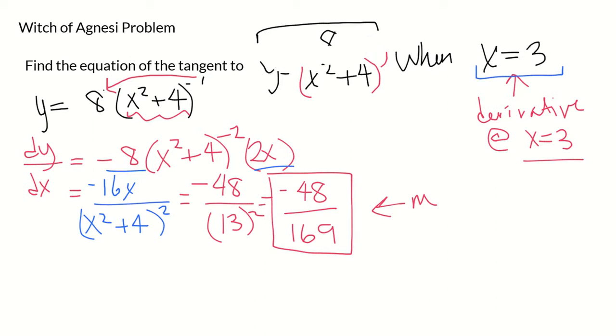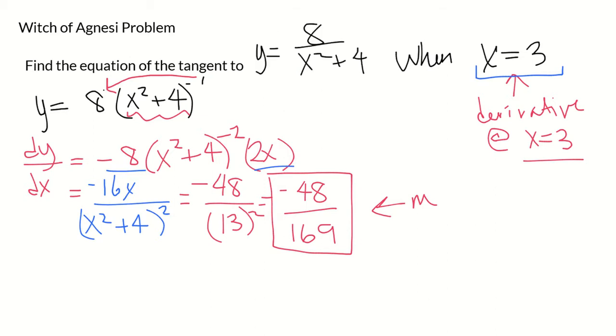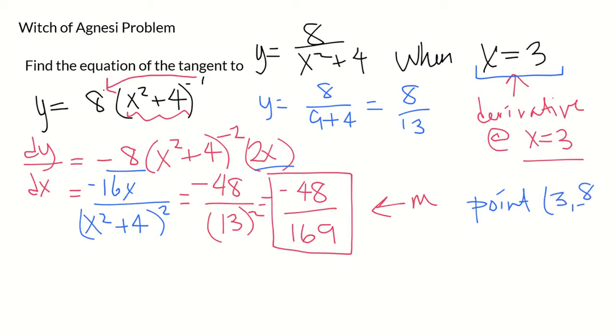So that would be y equals 8 over 3 squared, so 9 plus 4, so 8 over 13. So our point on our line is going to be x comma y, so 3 comma 8 over 13.